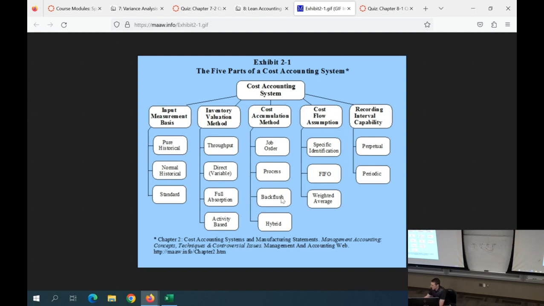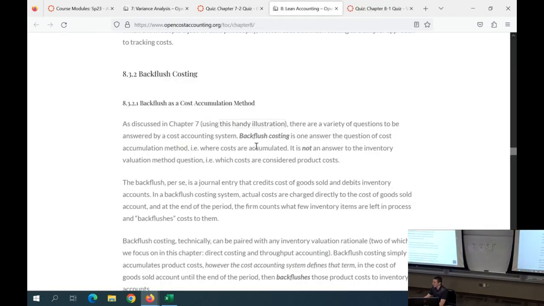The tricky part is that backflush does imply that you have a periodic recording interval. These almost always go together, even though technically that's a separate question. They really do go together. And in every question in this test bank, assume it's on a periodic basis.